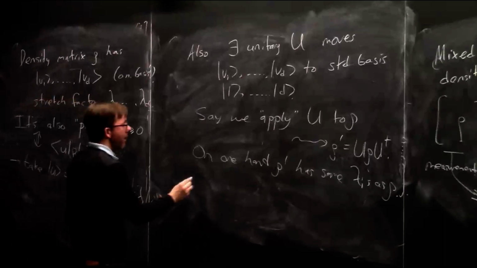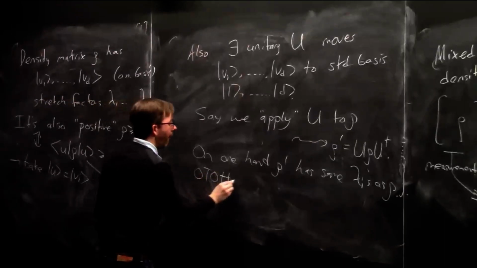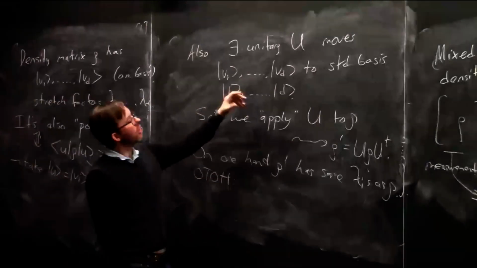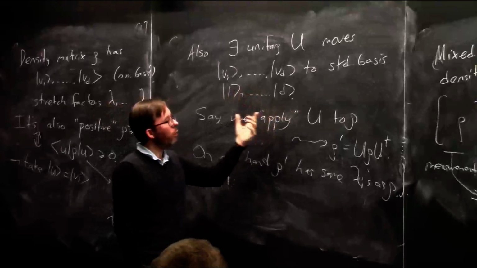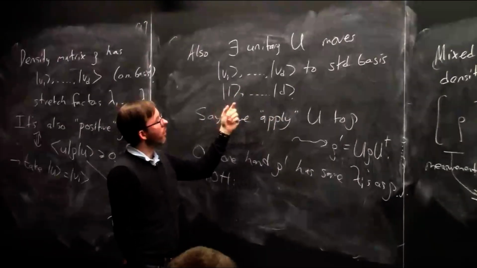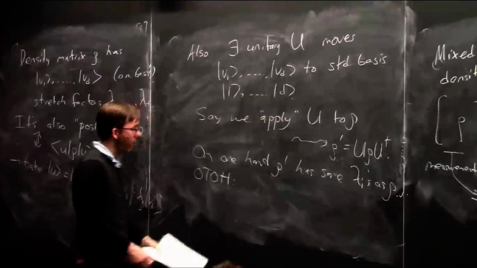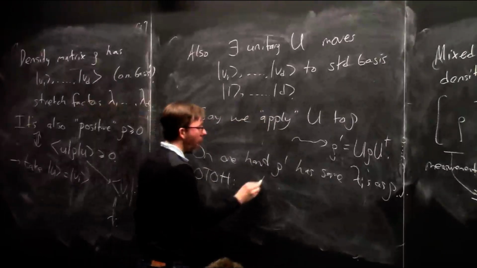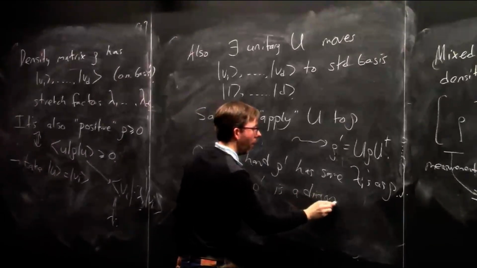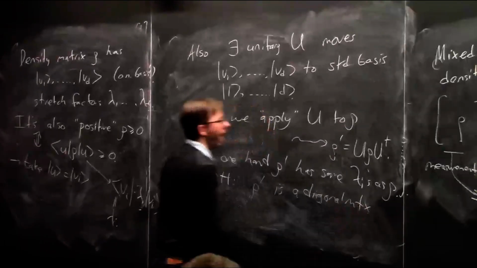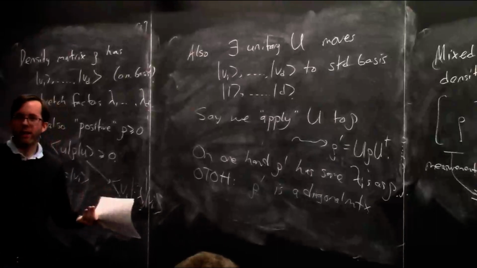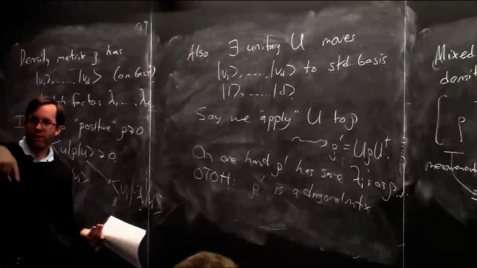But on the other hand, the point of doing this is to change rho to a mixed state, a probabilistic ensemble where all the vectors in the ensemble are just the standard basis vectors. And what that means is that rho prime is a diagonal matrix. But the stretch factors of a diagonal matrix are just the entries on the diagonal.